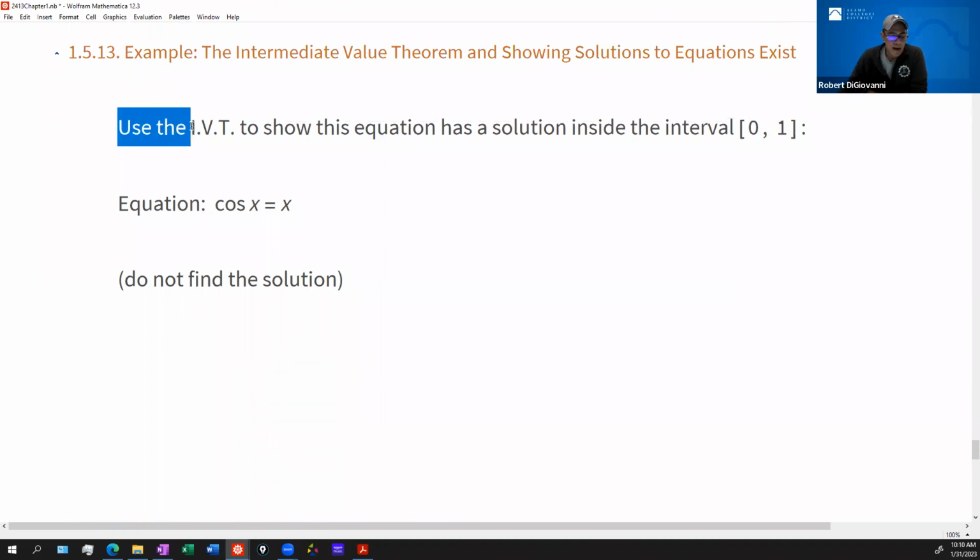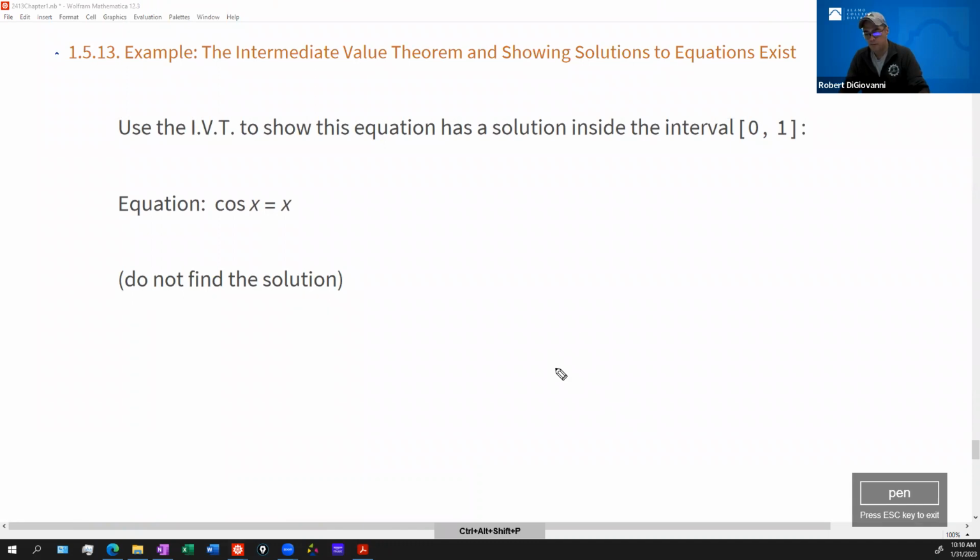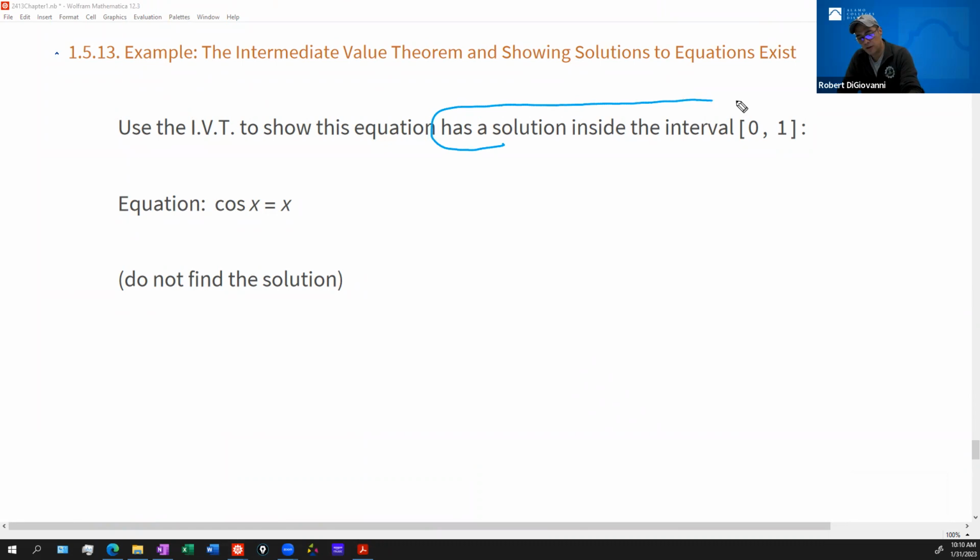Use the intermediate value theorem to show that this equation has one solution inside the interval between 0 and 1.